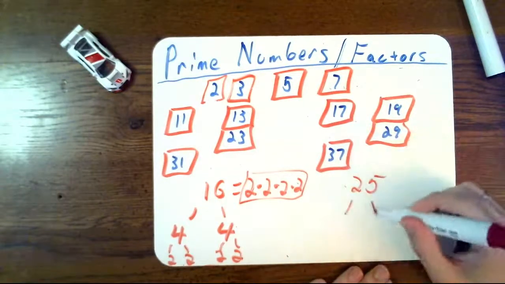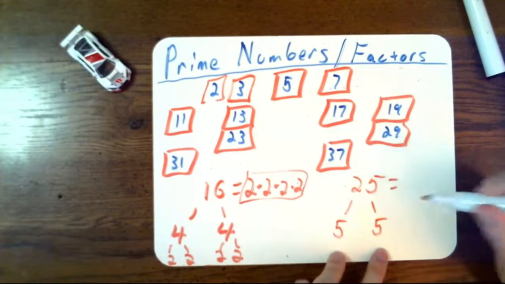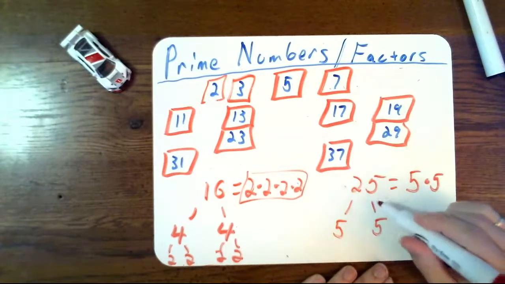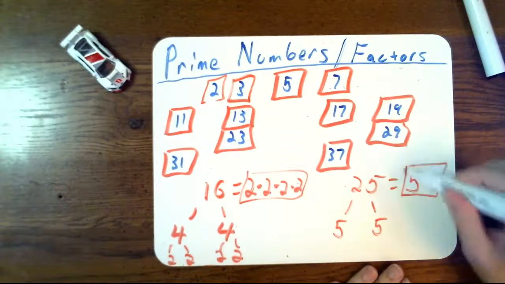How about 25? Well, it's 5 times 5. Is 5 prime? Yes, so we stop. So if I were to write 25 in its prime factored form, it would be 5 times 5.